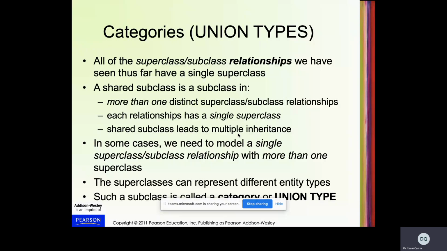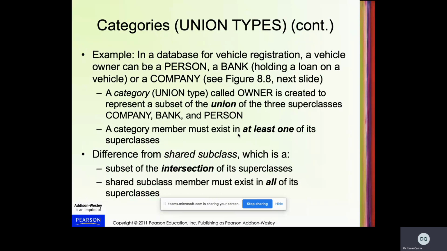So for example, now look at an example of a vehicle registry. For vehicle registration, if you have a vehicle that is owned by a person but the loan is given by a bank or a company, then you can think of there being a union type or category in that case.